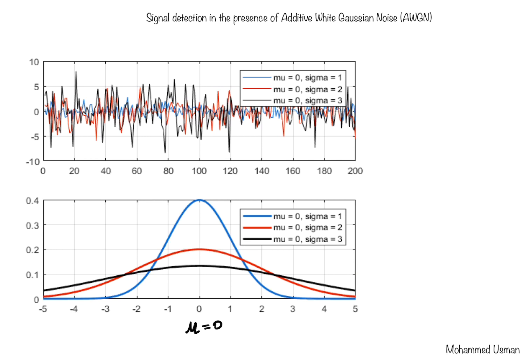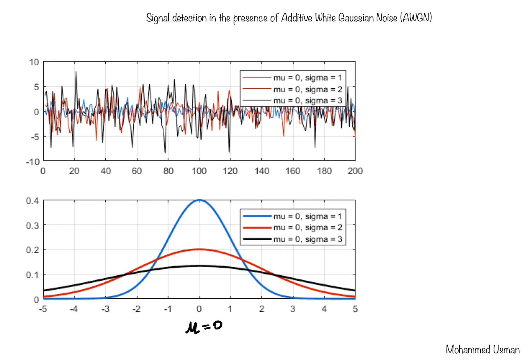And the black PDF is even more spread out. That's why it has a much bigger peak to peak range. So you need to be clear about what we mean by these parameters of the Gaussian distribution, because these define the characteristics of the noise that we are going to deal with.